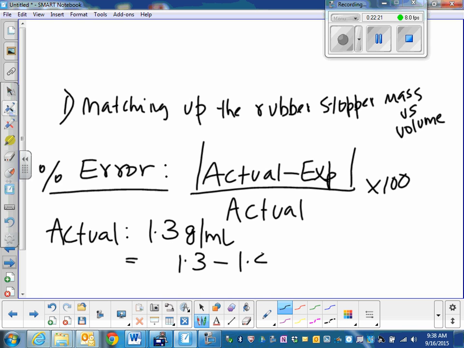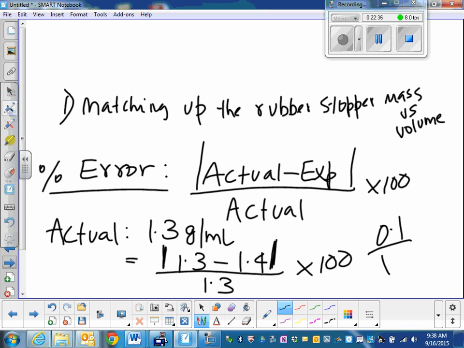1.3 minus 1.4, divided by 1.3, times 100. What do these two lines mean? Absolute value. Am I bothered that it is a negative number? No. So I do 0.1 divided by 1.3 times 100. Is that right? So how many sig figs?